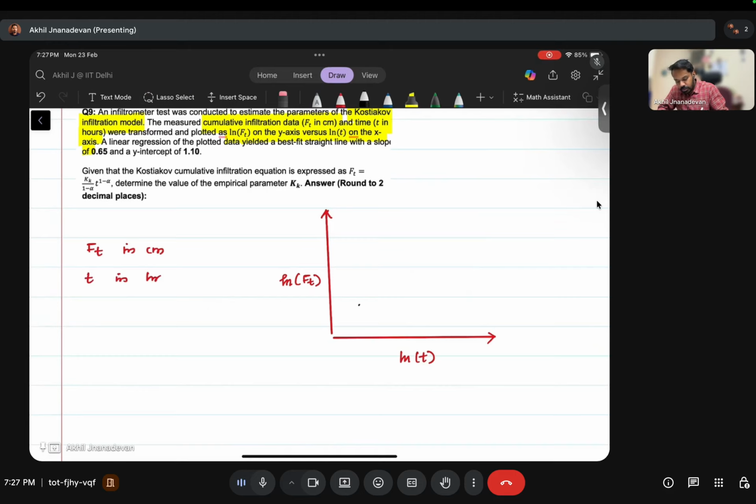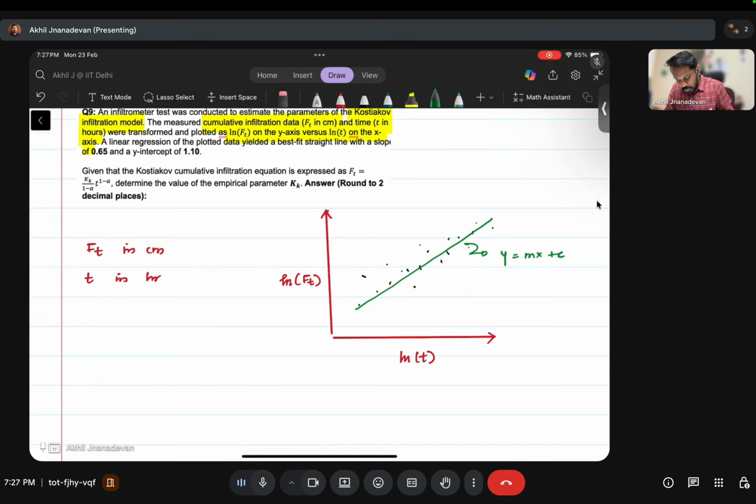Say they got different points based on our values, and it is a cumulative plot, right? Ft is cumulative. If you take the logarithm also, when t increases, Ft will be increasing. We will be getting an increasing plot, and they made a best line fit over this. This line equation will be in the format y equal to mx plus c.